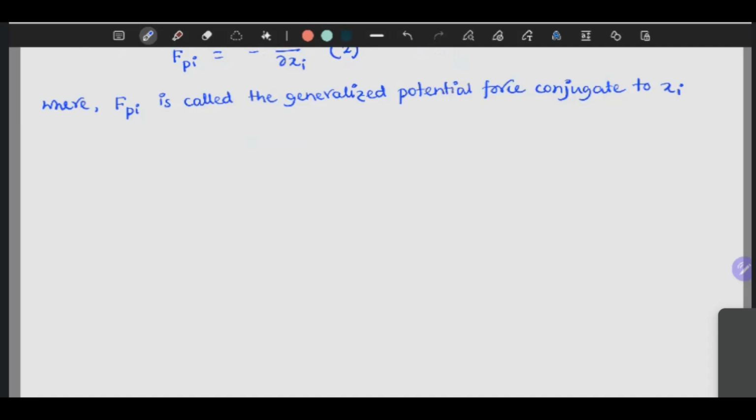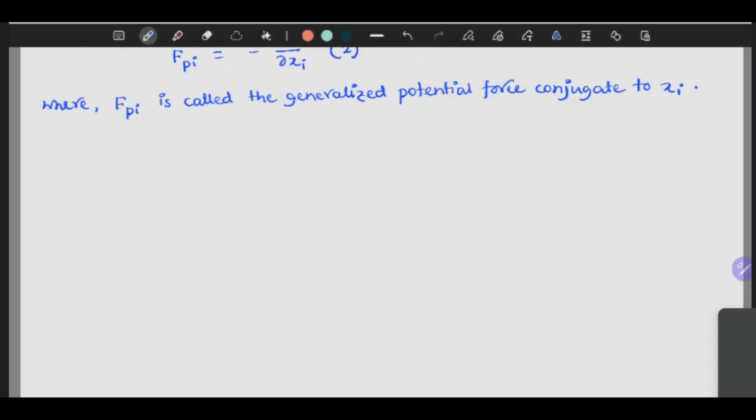So any generalized coordinate and its force, they are called conjugate variables.